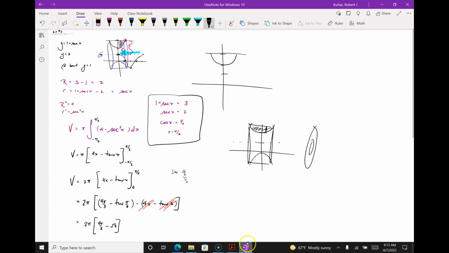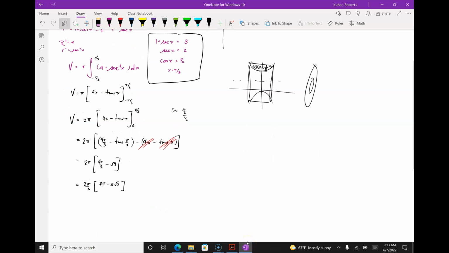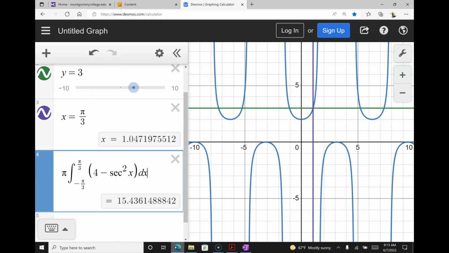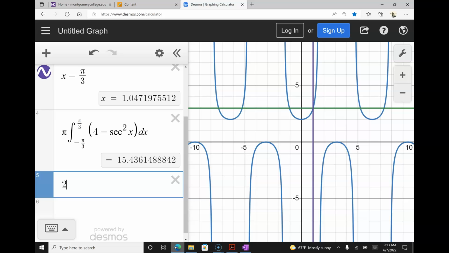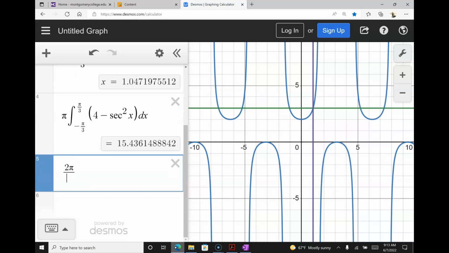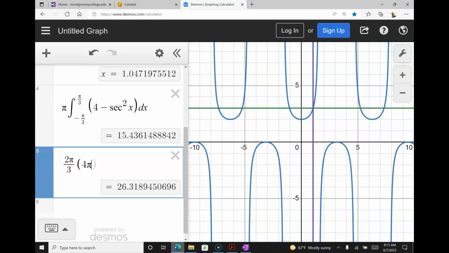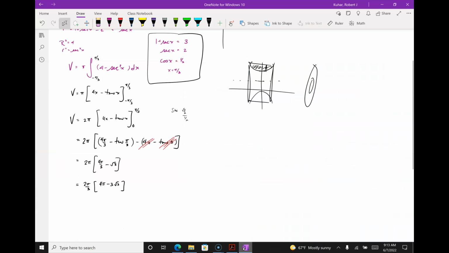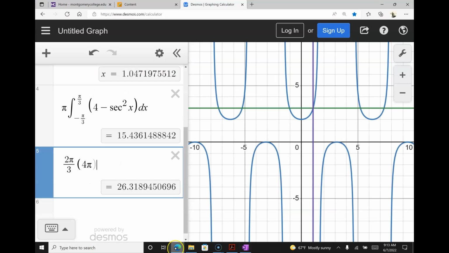So 2 pi times 4, no, I like this last one, 2 pi over 3. Then I had 4 pi minus 3 root 3.